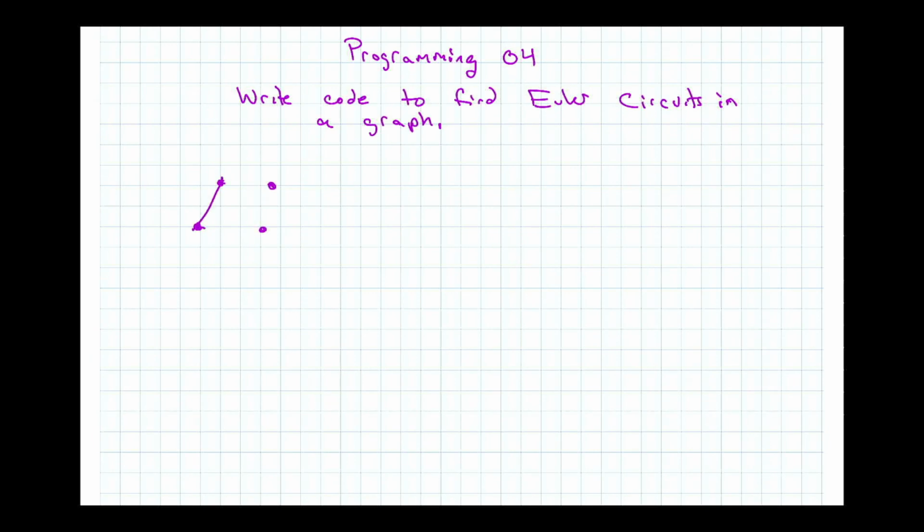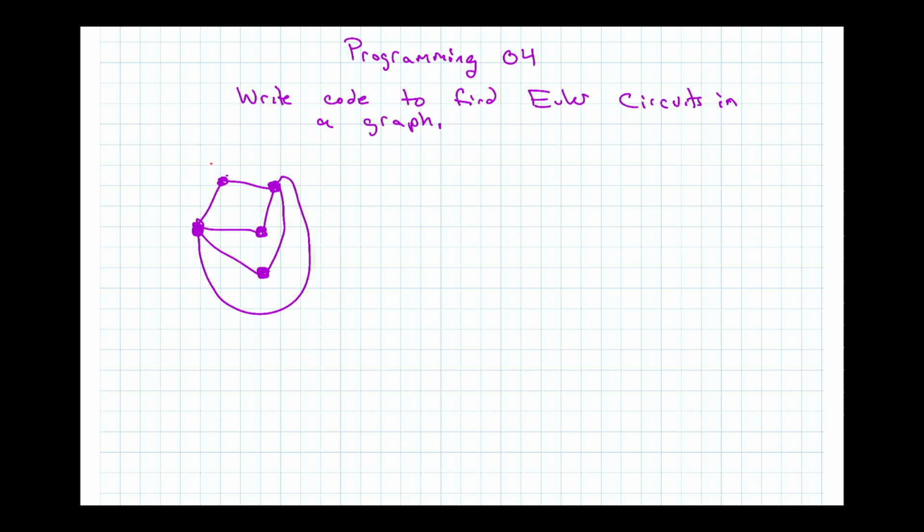Okay, let's just do this. There, there, there. Let's go there, there, there, and then nope, there. Okay, I think every vertex on this graph has an even degree.